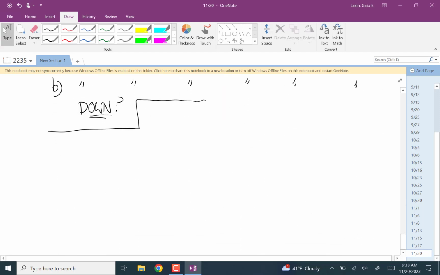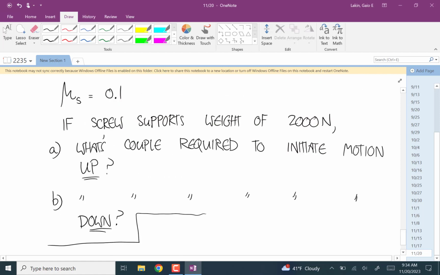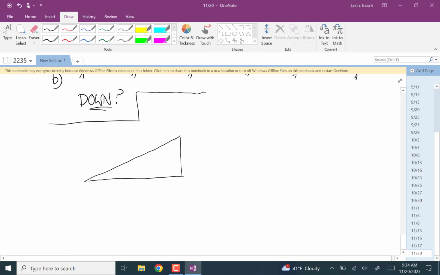Okay, so first, initiating motion up this ramp. If we're trying to find this angle theta, 2 pi times 0.01 is the circumference. So that is about 0.0628.